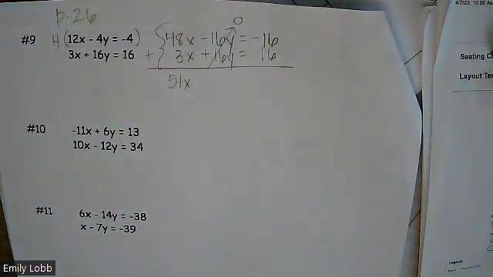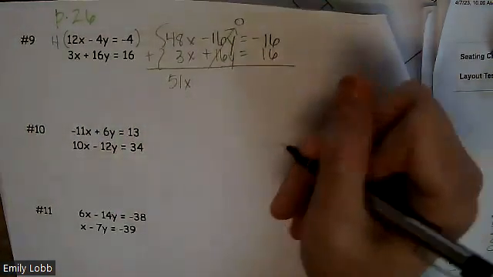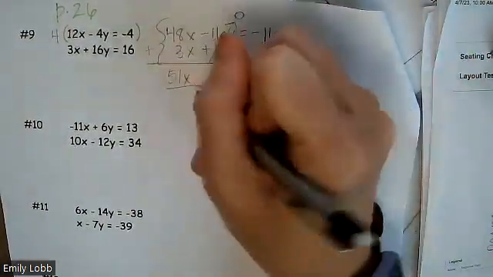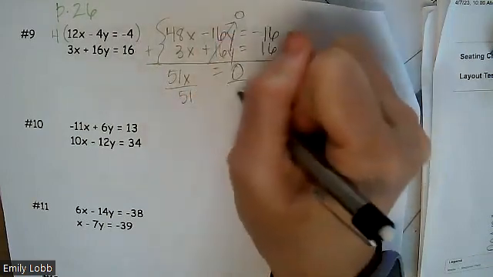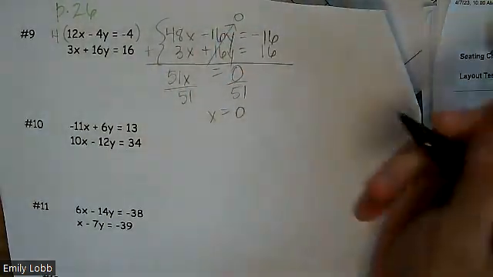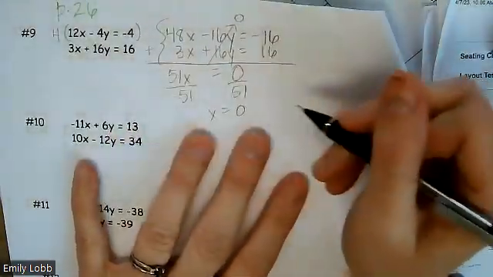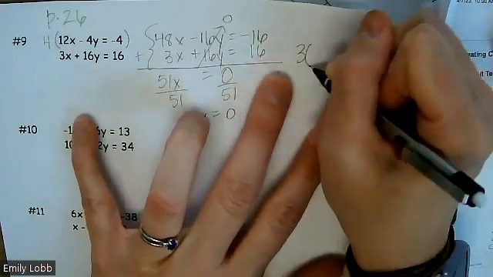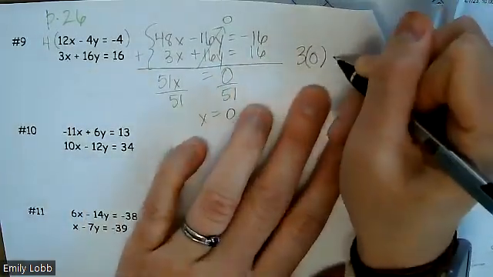These are equal and opposite, so they make 0 when you combine them. And guess what happens here? These become 0 too. So 0 divided by anything is going to be still 0. Then I'm putting 0 back in. I kind of like that bottom equation, but you can put 0 in for either of them.